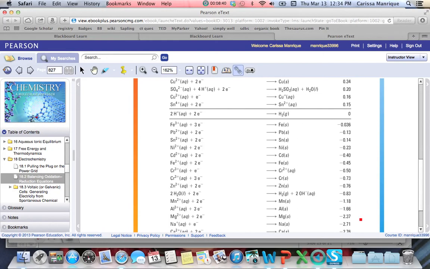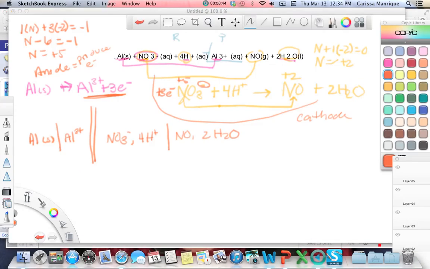Now remember, for the anode, we always have to flip the sign because it always gives you in the form of the cathode. Okay? So this standard cell potential here is going to be, in this case, positive 1.66 volts.